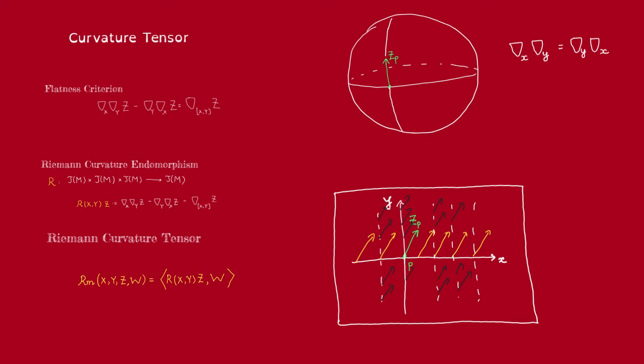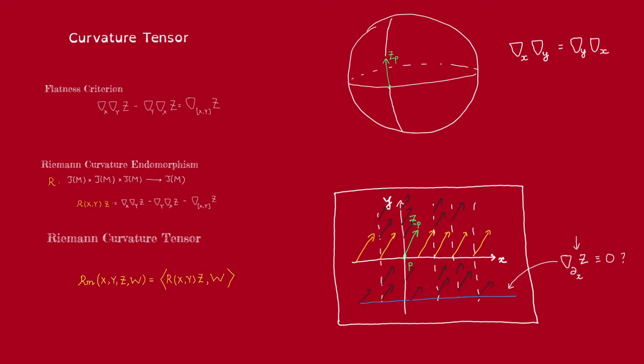Then the question is, along a random horizontal line here, are these vectors parallel? In other words, we want to ask if the derivative of z in the direction of x is 0. In our Riemannian manifold terminology, this means the connection of z in the x direction is 0.